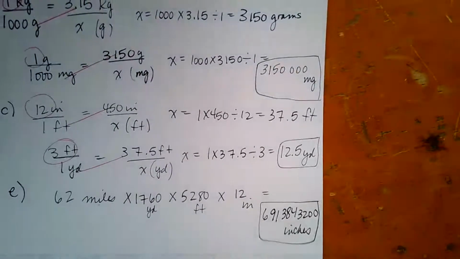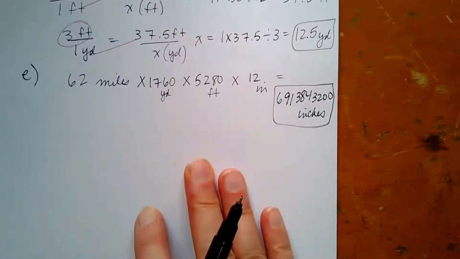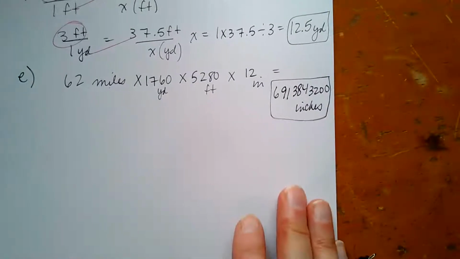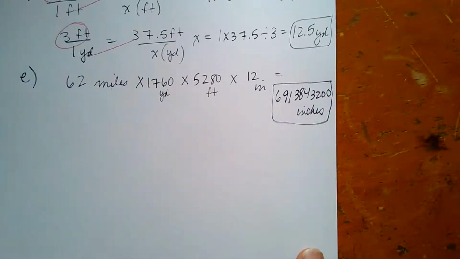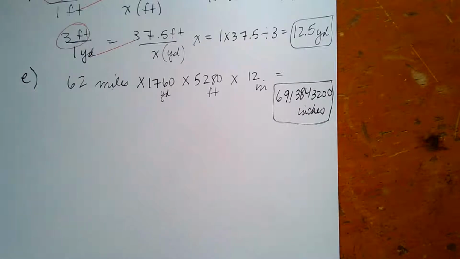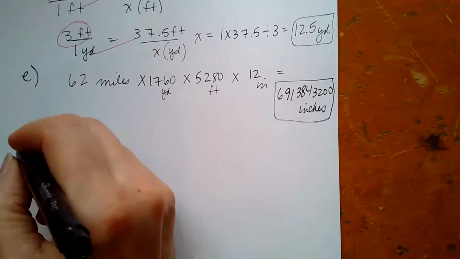All right, let's take a look at number 3. You are on a plane cruising at an altitude of 38,500 feet. How many miles is the plane off the ground, or is the plane cruising at? Again, I'm going to look at number 4, and I see that I'm converting feet to miles.